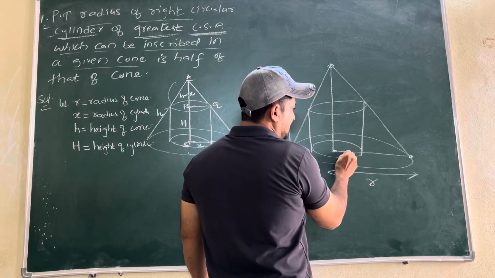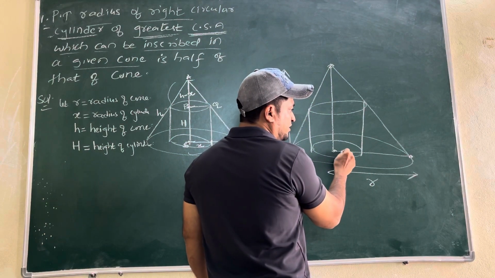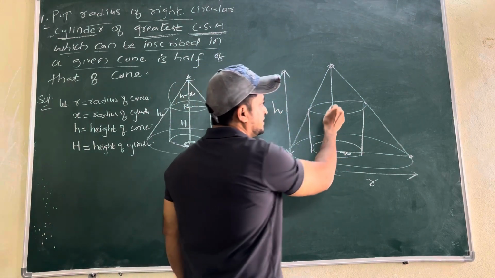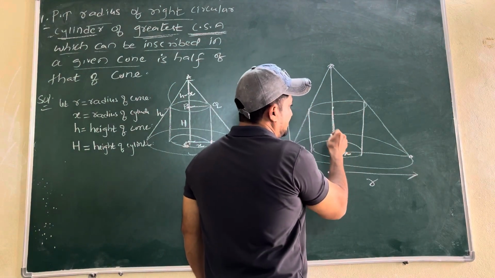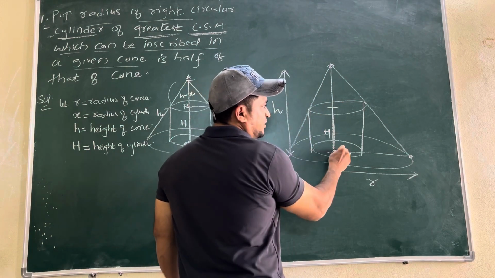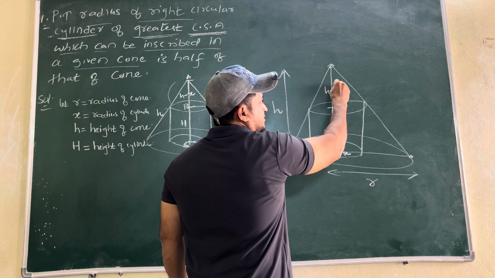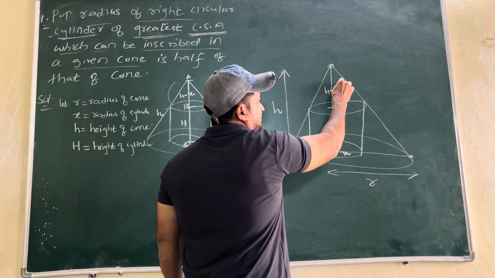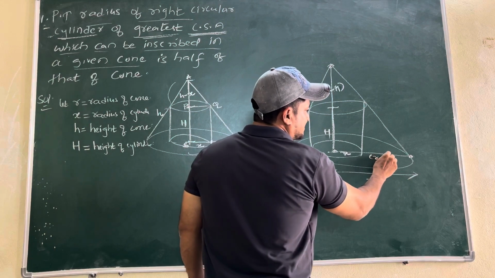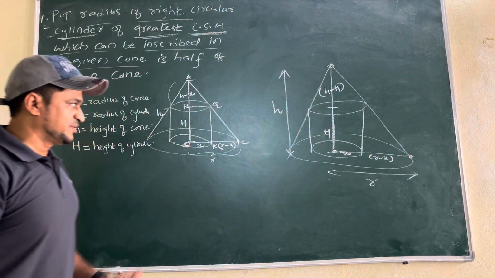For this cylinder, you have to remember to take x as the radius of the cylinder. Then from here till here, this is the height of the cylinder, capital H. Total height we know, so the remaining is h minus H. And this is x, this is r, this is r minus x. This is the figure which you need to remember.